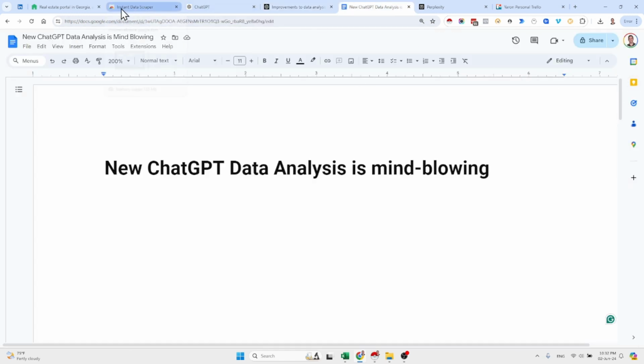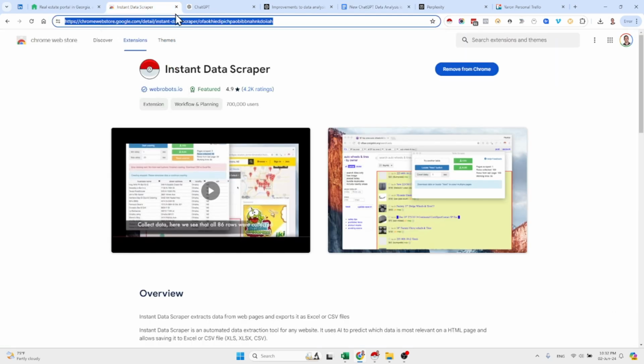So what I did in this case, I wanted to analyze real estate prices in a market, which is the Georgian market. It's in the cities that I currently live in. So I came here, I downloaded Instant Data Scraper. Instant Data Scraper is the easiest and most simple scraper for Chrome.